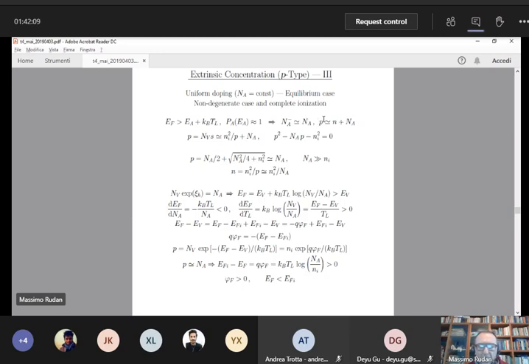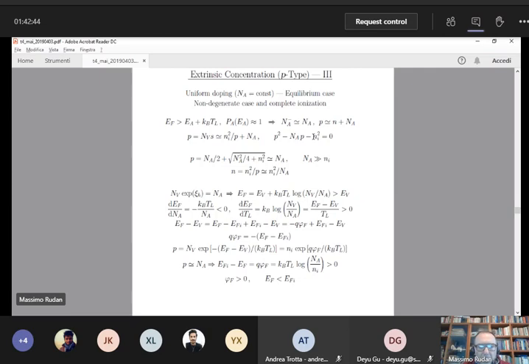And again, we have a simple balance equation that can be reduced to an algebraic equation. In this case, we multiply by P. P becomes P squared. Na becomes NaP and goes to the left. N becomes Np, that is Ni squared. Also in this case, of course, the product of the equilibrium concentrations is equal to Ni squared.